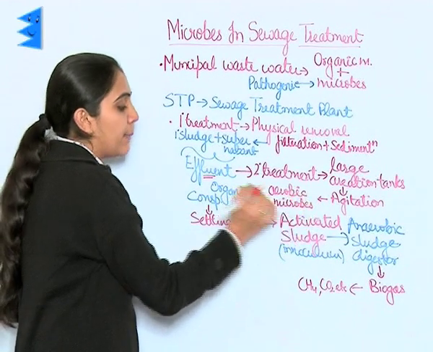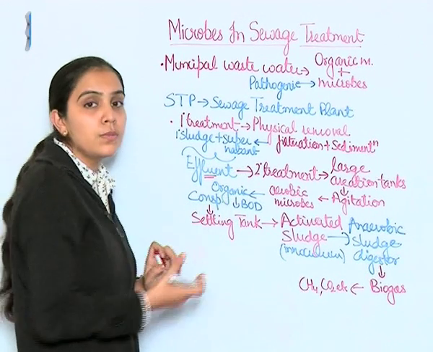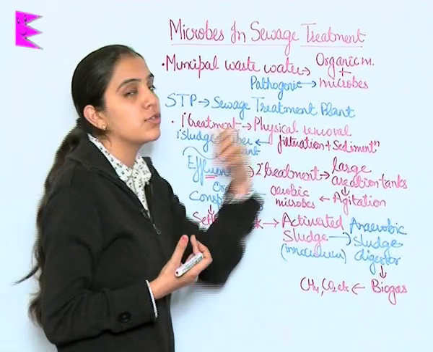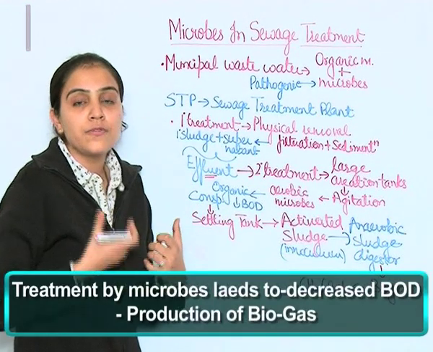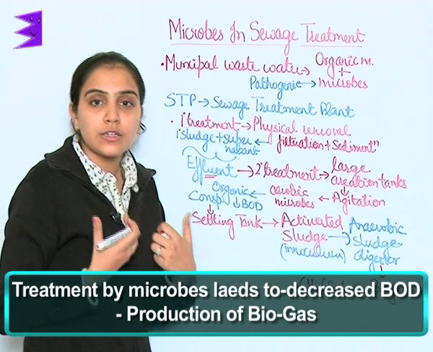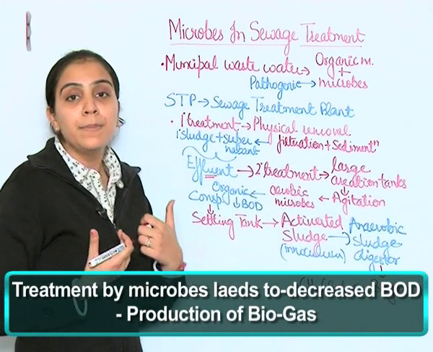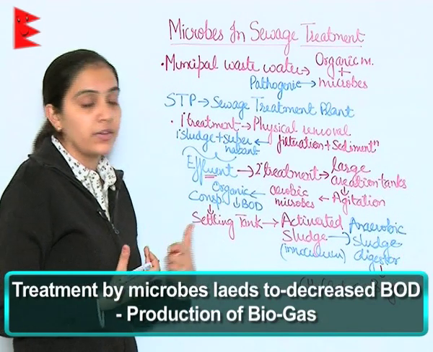These aerobic microbes, while they are growing, consume the organic matter present in the sewage. Hence, in the process of these microbes growing, the whole of the organic matter is consumed. Thus, BOD, biological oxygen demand, is decreased.